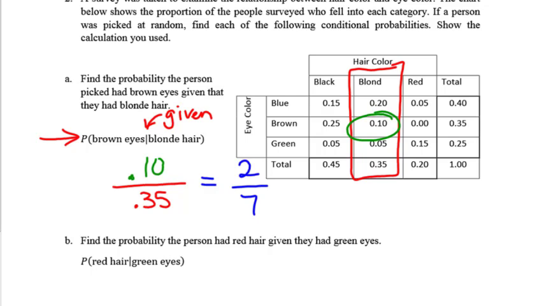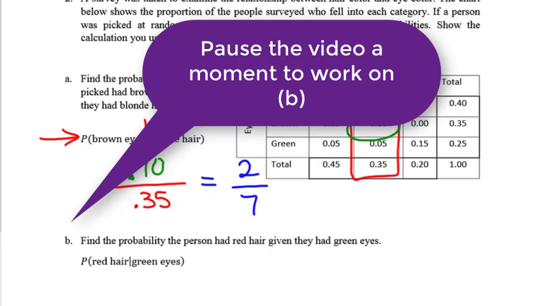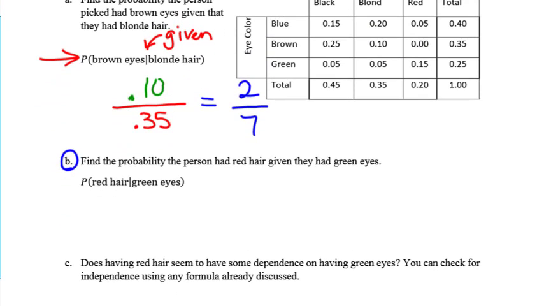I'm going to ask you to try part B on your own, and then we will come back and talk about the answer, so take a moment to do that. In the case of B, we are focusing on the green eyes row this time.